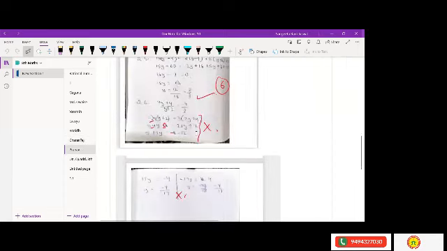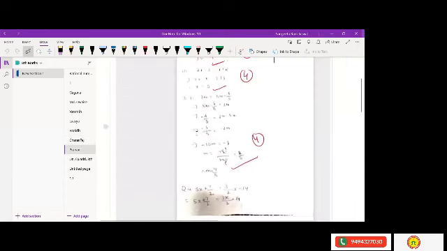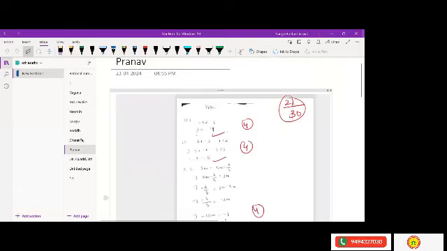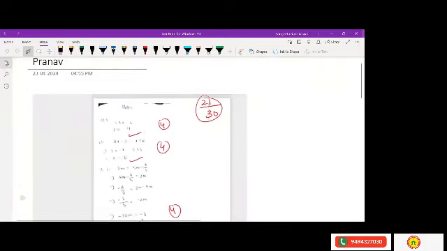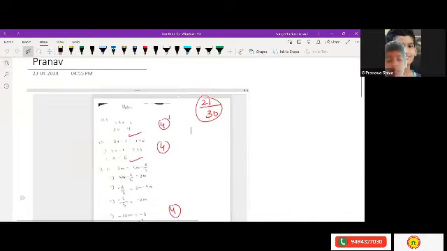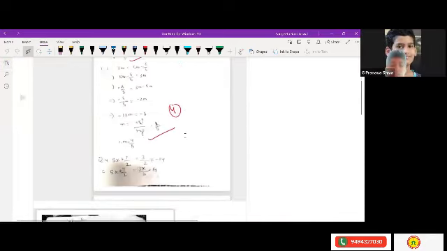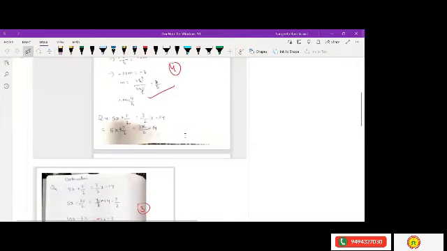Okay, now coming to Pranav's part. Pranav, this is your test paper. You can see your marks. The first 3 questions are correct.